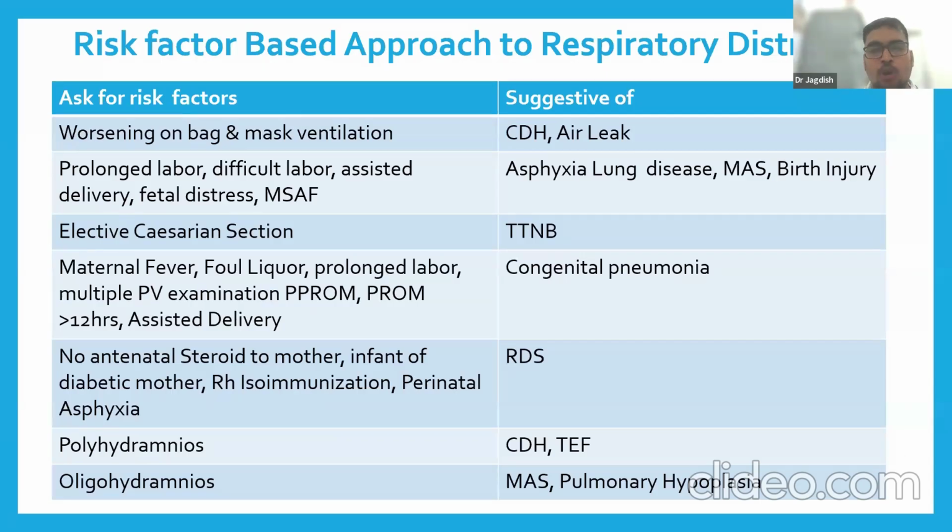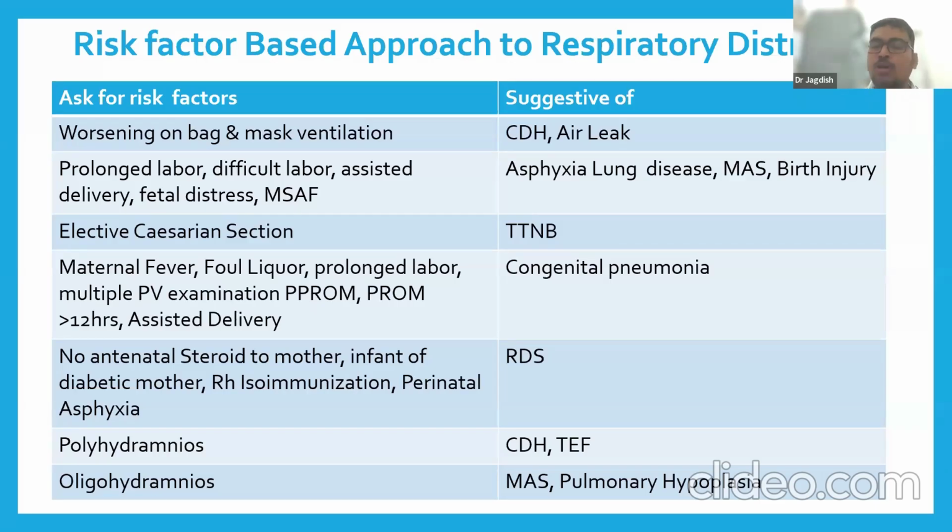If there is a history of prolonged labor, difficult labor, assisted delivery, fetal distress, meconium-stained liquor, then the cause may be perinatal asphyxia, asphyxia-related lung injury, or meconium aspiration syndrome. If there is an elective cesarean section and no significant perinatal risk factor, it may be transient tachypnea of the newborn. If there is a background history of maternal fever, foul-smelling liquor, prolonged rupture of membranes, we may be dealing with congenital pneumonia.